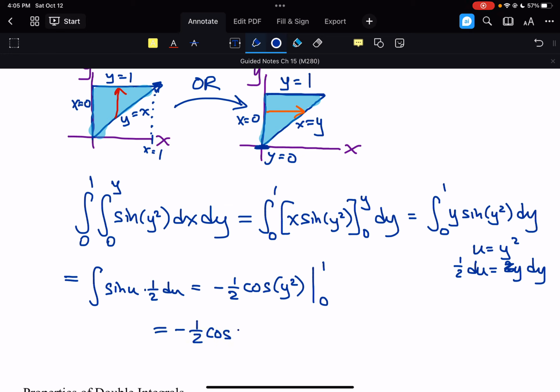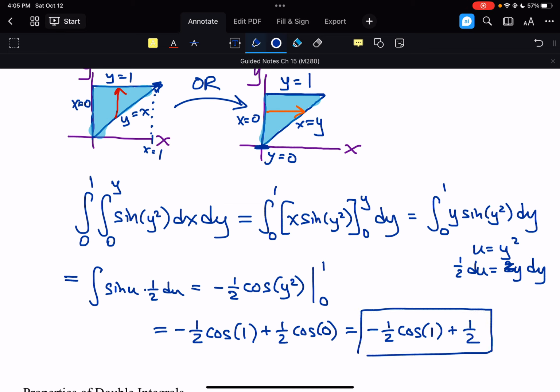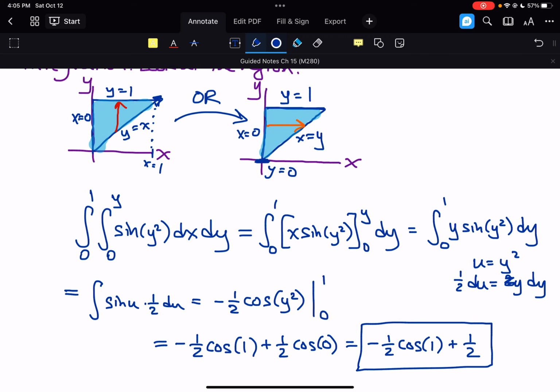So negative 1/2 cosine of 1 plus 1/2 cosine of 0, which is just 1. Okay, cosine of 1, I don't know what that is, but we just want to leave an exact answer anyways, so that'll be the final value of this double integral.